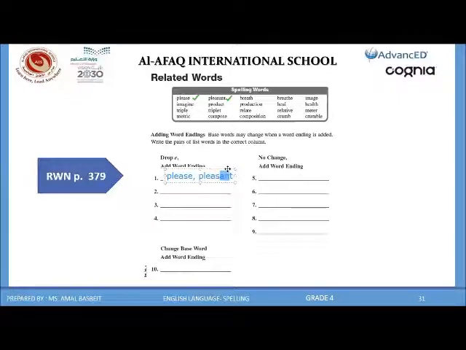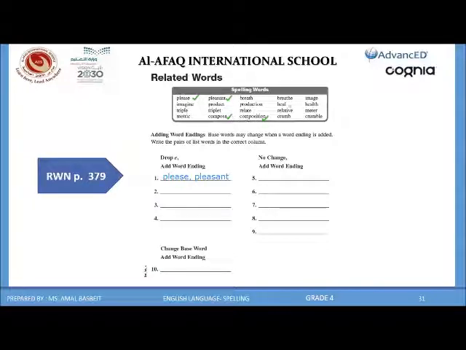Like this, number 1. Can you find other words that have the same rule? Other words that apply the same rule as the word please, for example, image, imagine, compose, composition.